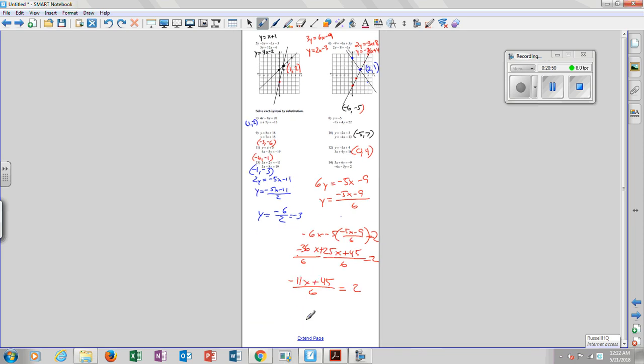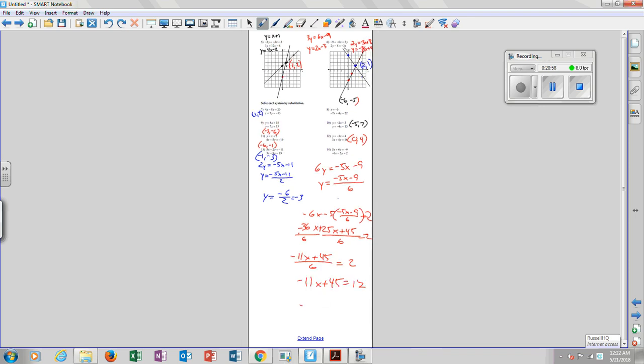Start by multiplying by 6. Negative 11x plus 45 equals 12. Subtract the 45, and negative 11x equals negative 33.